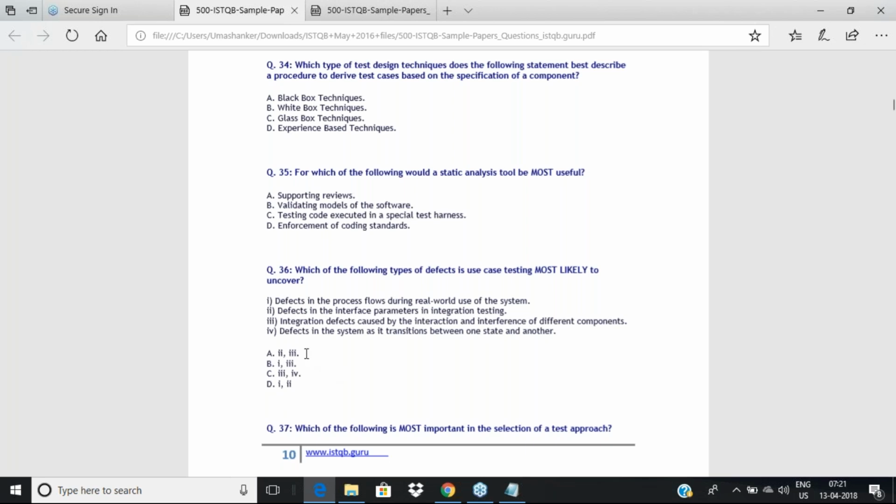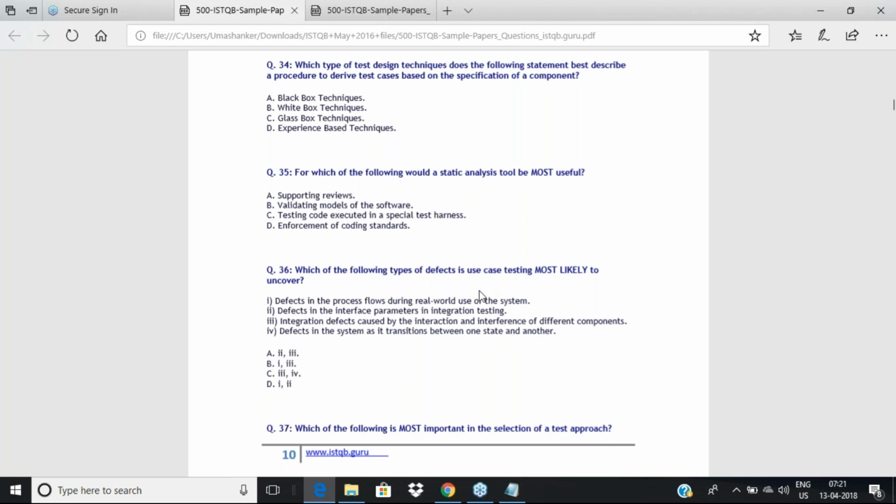The third one is also similar. Defects in the system as it transitions between one state and another state, that is mostly the state transition technique. So the most promising answer is A, but again, let's look at every other answer now. B says 1.